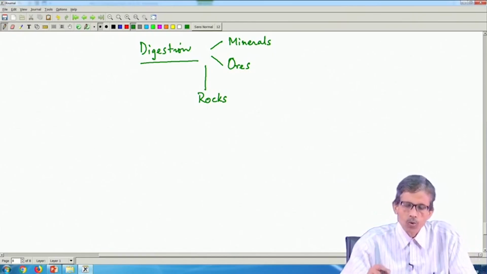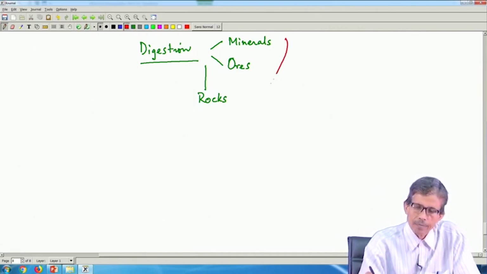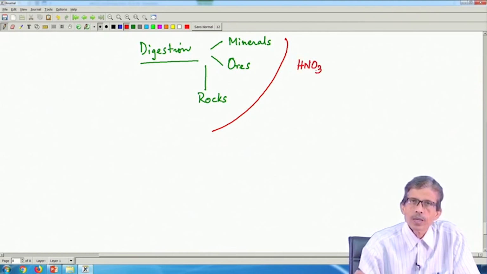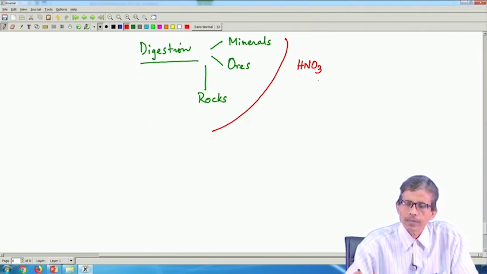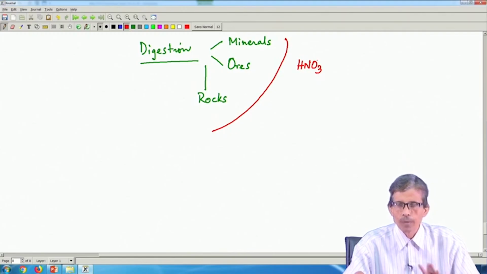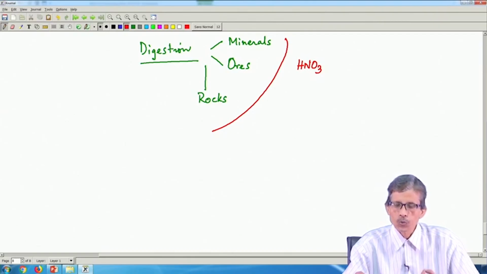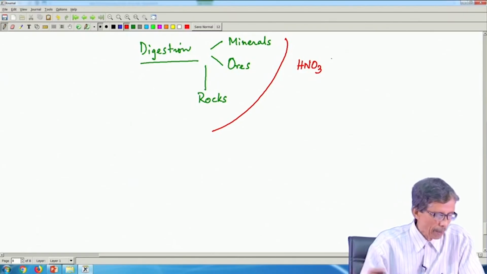So, minerals, ores and rocks can be attacked by HNO3, because this HNO3, we all know, is oxidizing as well as supplying H plus. That means, if we can utilize this H plus, controlling the corresponding acidity of the medium can give rise to some other reactions, such that you can go for the corresponding leaching of some useful minerals, useful metal ions or useful species from that particular medium.